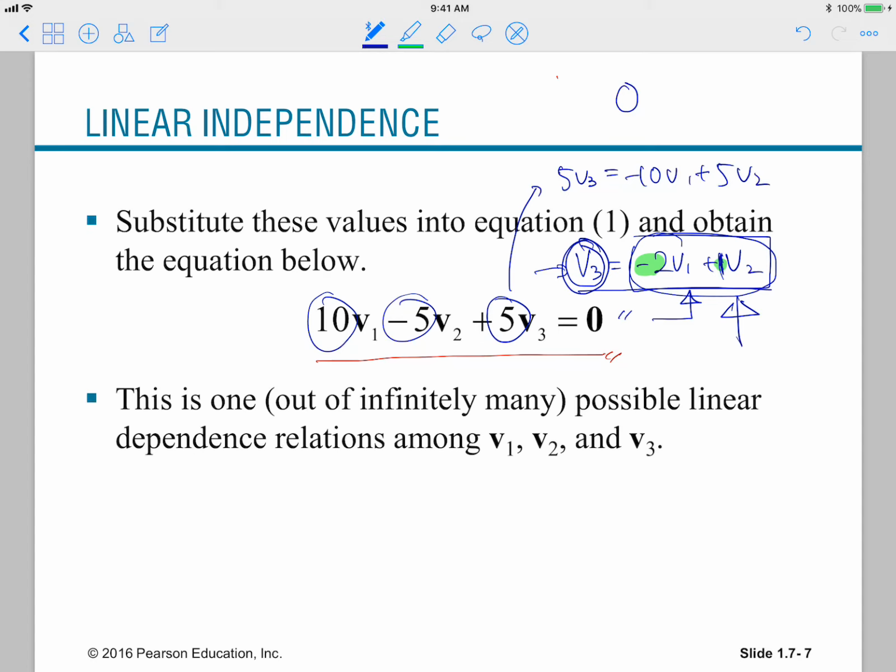And this v3 is represented as a linear combination of the previous two, and then you can always represent it as this kind of equation where we have some non-zero values as coefficients and a zero vector on the right hand side, which is our homogeneous linear system, and then it will give at least one non-trivial solution. Okay.